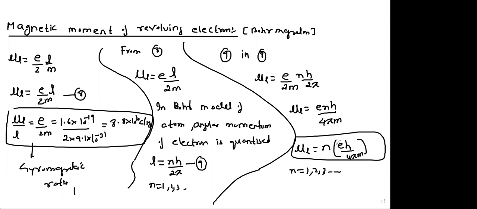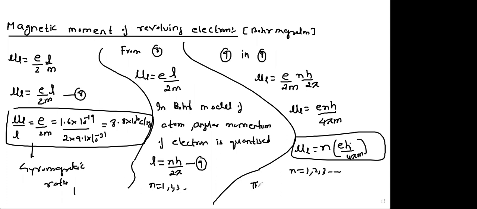If you look at this very carefully, e is constant, h is constant, 4 is constant, pi is constant, m is constant. Only this n is variable. So the magnetic moment will have values which are integral multiples of n only. This basically shows that the magnetic moment is quantized.